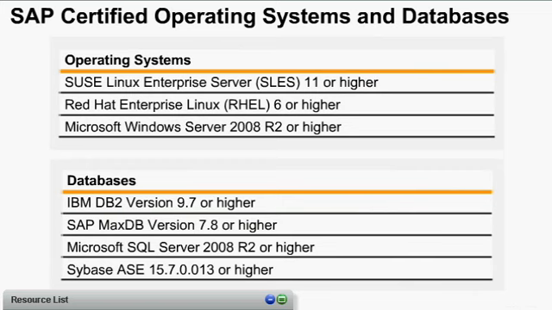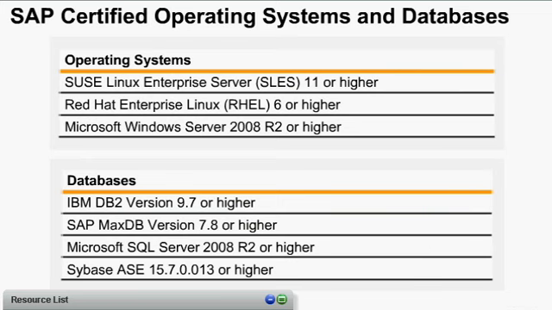Now, when it comes to operating systems and databases, we are an x86, x64 platform. So we're Windows or Linux-based. SUSE, Red Hat, or Microsoft Windows 2008 R2 or higher are supported. So you can use, say, Windows 2012 and take advantage of some of those features. One of the specific features around Windows and SQL Server 2012 that we see being used heavily is the ability to use SQL Server Always On availability groups.